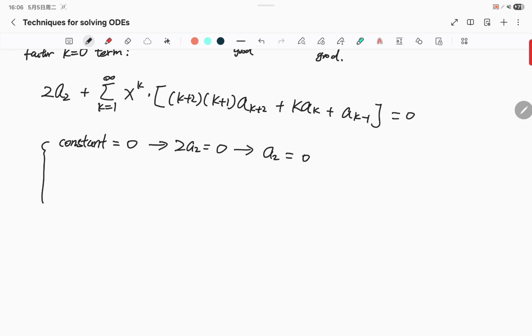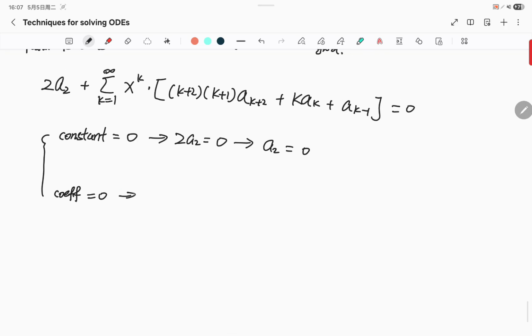And then we also have the series. However, we're going to call it coefficient equals 0. What is coefficient? Coefficient of x to the power of k. This whole thing is equal to 0, because this is the coefficient of x to the k.